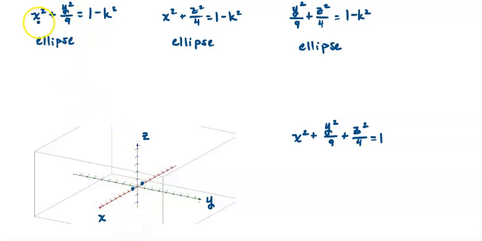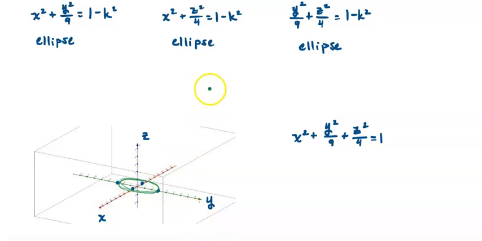And it intersects the y-axis at 3. When x is 0, y must be 3, and negative 3. So here and here. And so our horizontal trace would look like an ellipse, just like this.